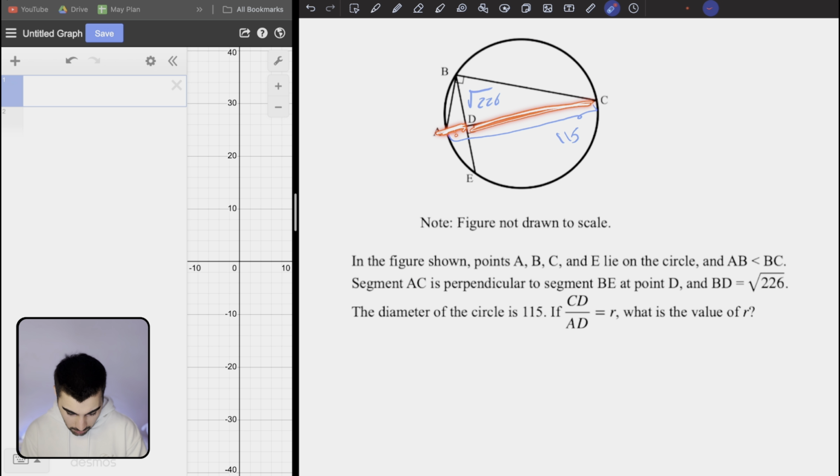I'm going to use this small triangle and the larger triangle because I know this side. I'm going to use this triangle because I can find this x and I know this side of the triangle. I'm going to just mark them up for you, this one and the large one.